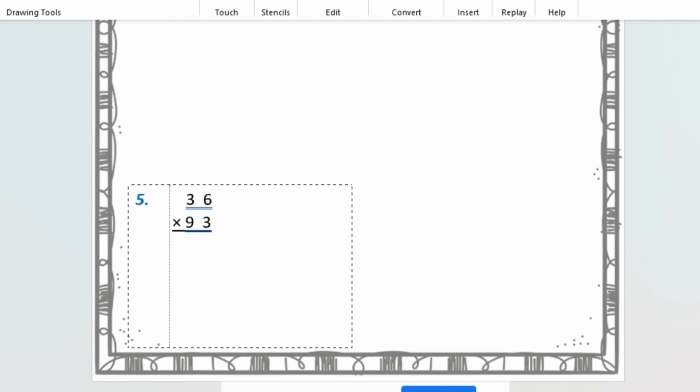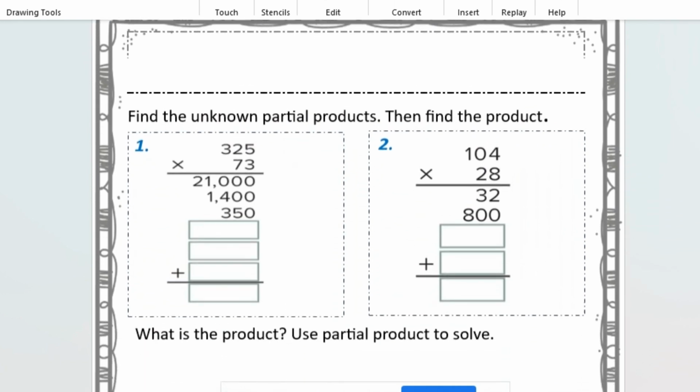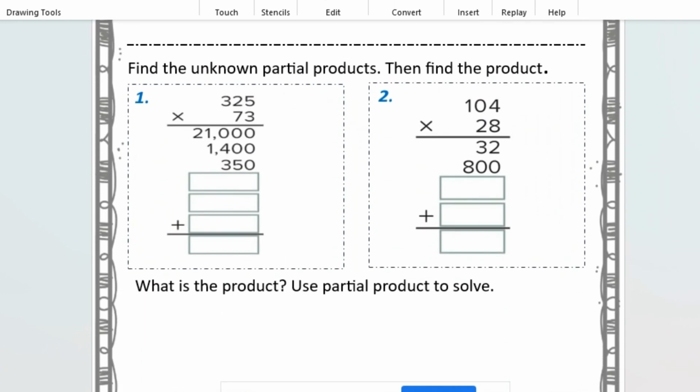Okay, let's go down here. We are going to find the unknown partial products. So we have 325 times 73. We start with the biggest numbers.